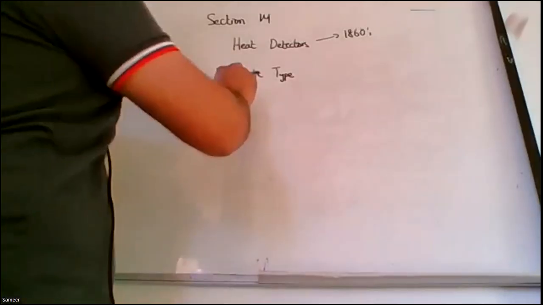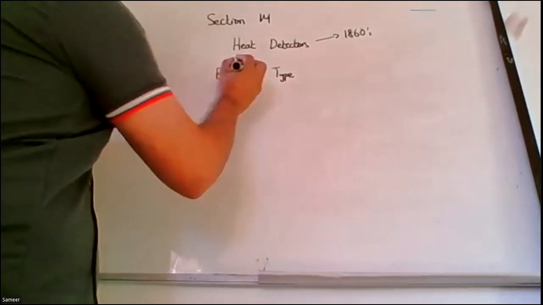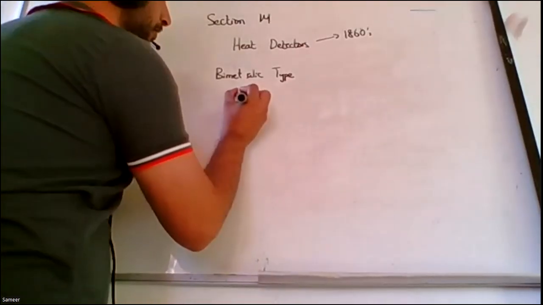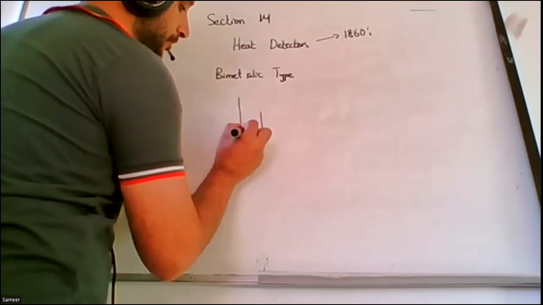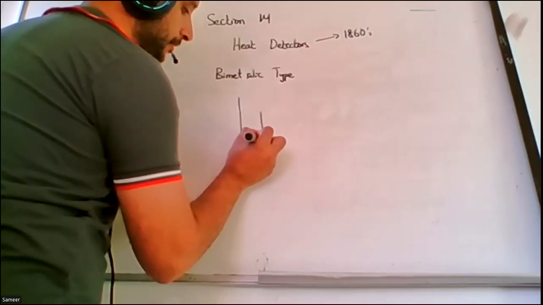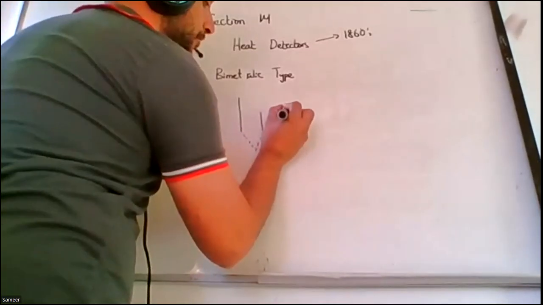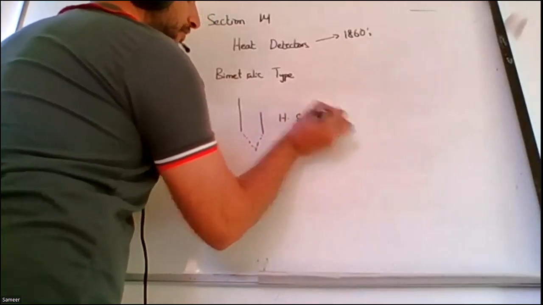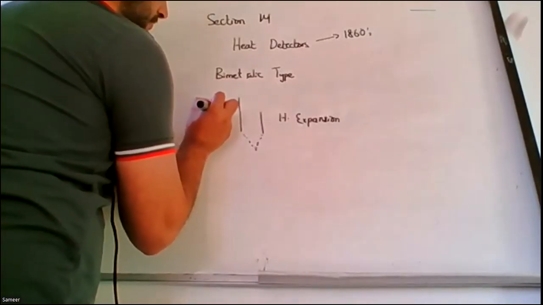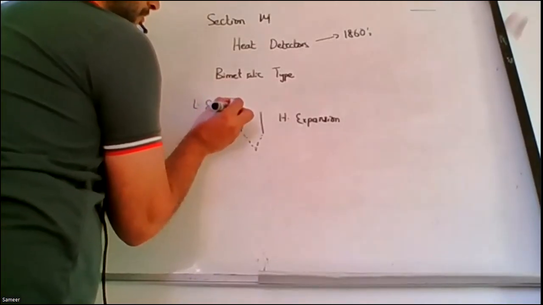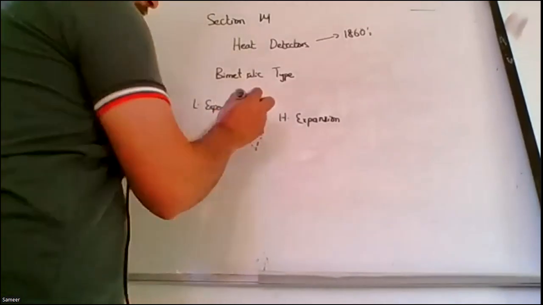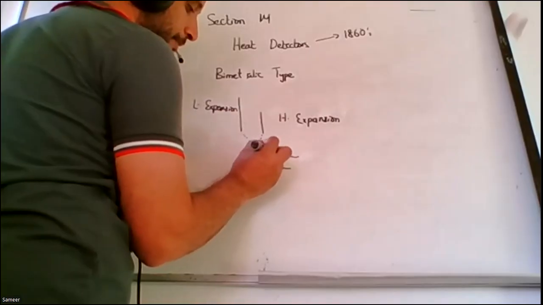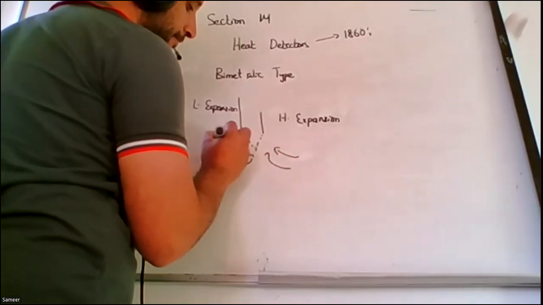In the bimetallic type, we have two metal strips, again, one with high expansion, which we have discussed in basics of ion science, and low expansion. So what happens when the heat rises? At the same temperature, both the metal strips will expand.